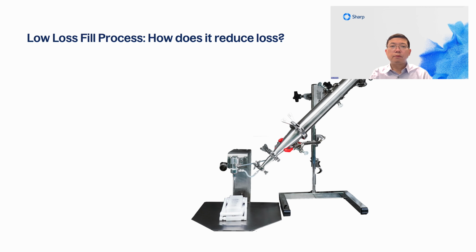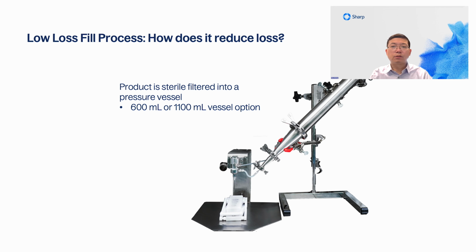The product is stereo filtered into a pressure vessel. We currently have 2 pressure vessel options, a 600 milliliter vessel and a 1,100 milliliter vessel. Everything that is used in this fill process is single use.